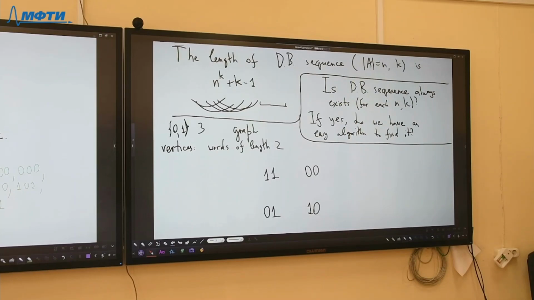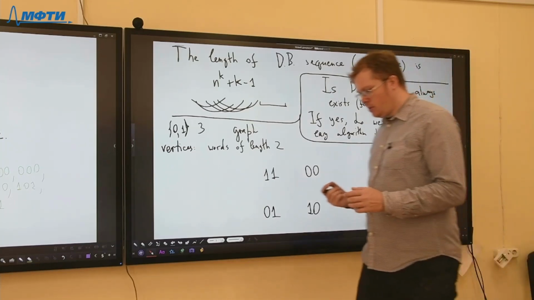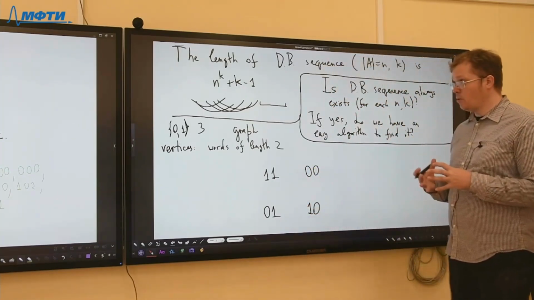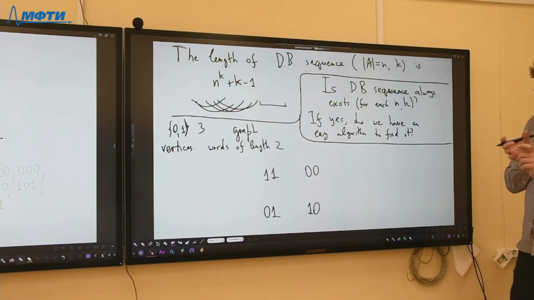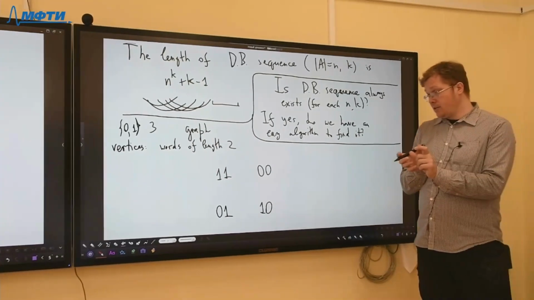And then the edges are the connections between the words, which means all words of length 3. The beginning of an edge will be the first two elements of the word, and the end of the edge will be the last two elements.